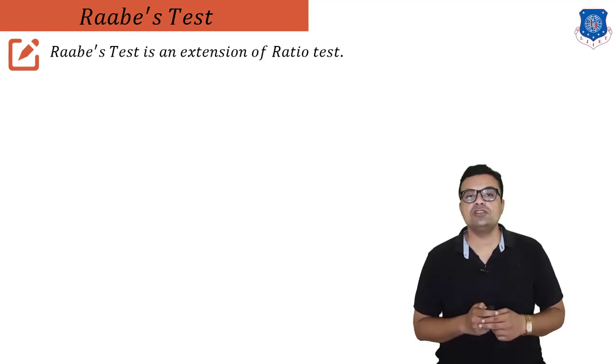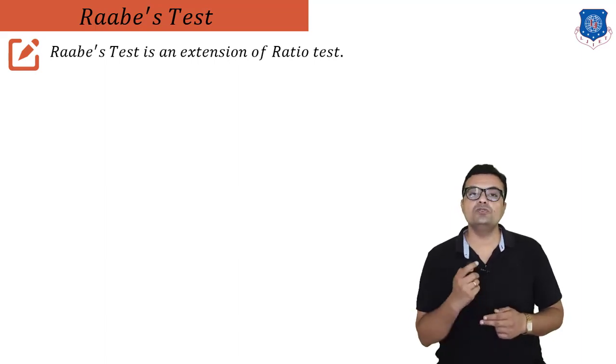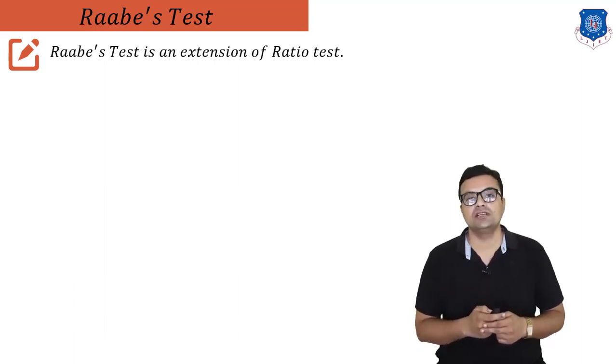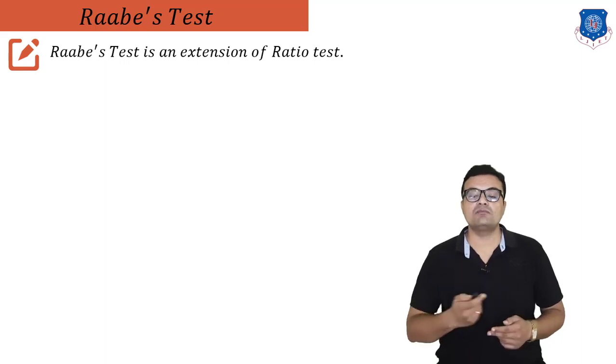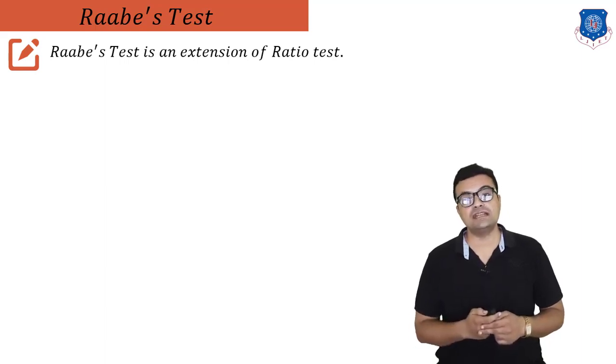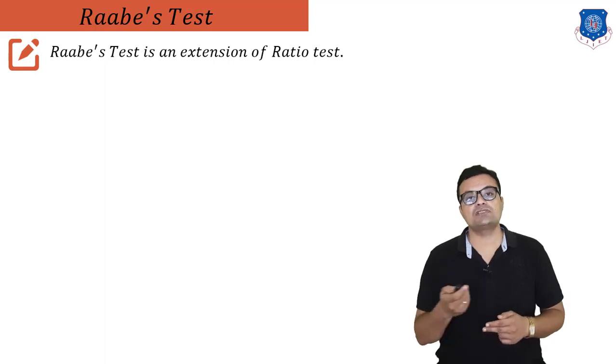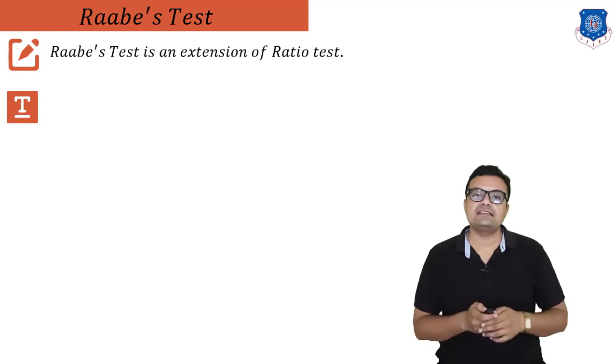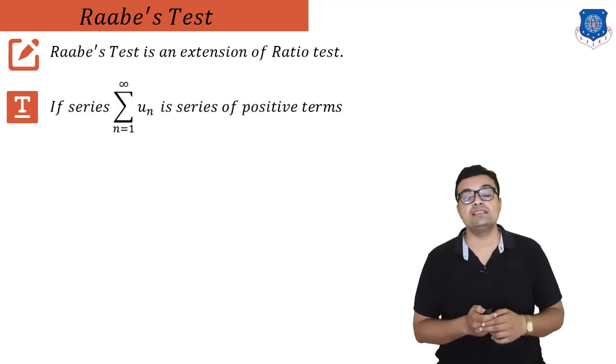In the ratio test we take two consecutive terms and check whether they follow our rule of convergence or not. The rule of convergence is whether the existing term is bigger than the upcoming term or not. It simply means that term by term our series must be decreasing in value and must move towards 0. So Raabe's test is defined in this way.